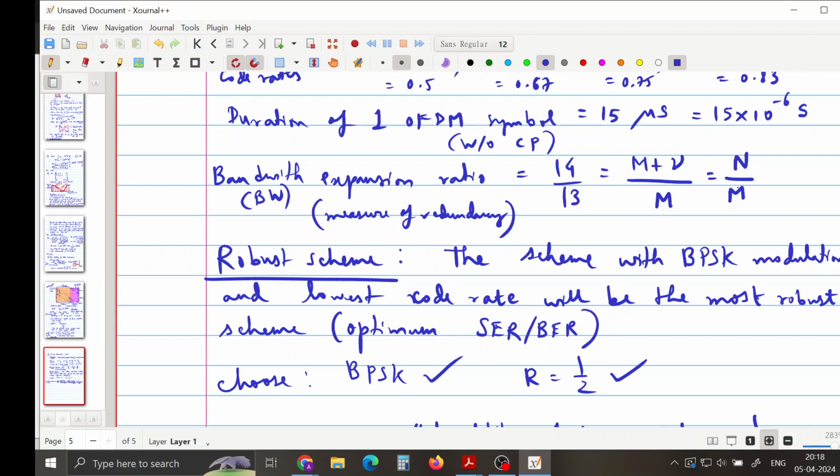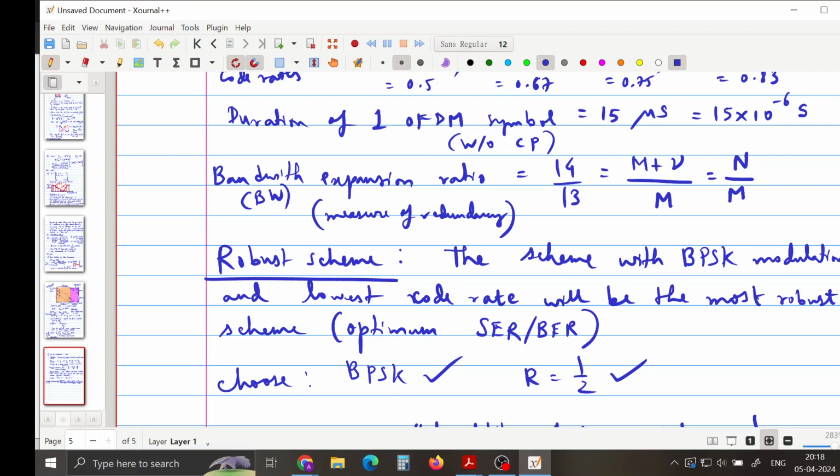So this would be a fraction greater than 1 surely, but in the denominator we have, if we take the reciprocal of the bandwidth expansion ratio, it becomes M by N. So M by N means the number of data symbols divided by total number of symbols after adding redundancy.